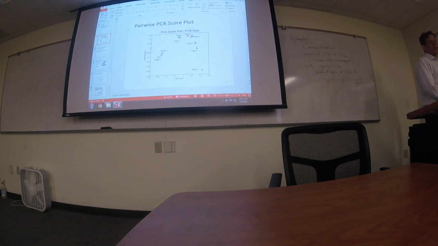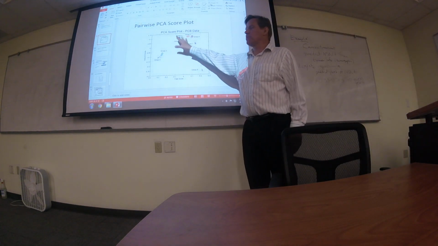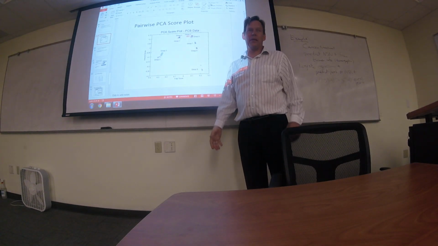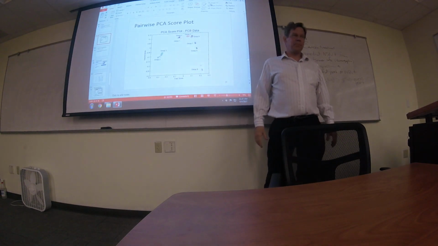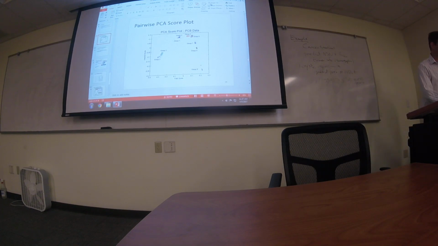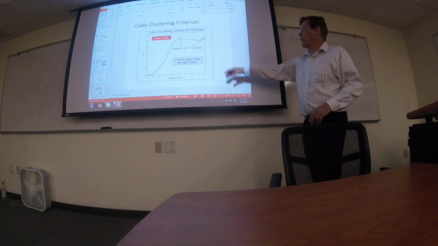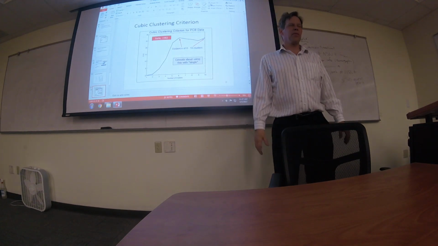So maybe there's 7 clusters in the data. But maybe with more dimensions I can tell the difference between these groups. So there might be 9 because there are 9 classes. You kind of suspect the right answer is 9. So the fact that the cubic clustering criteria said maybe 6 to 10 is probably pretty accurate.